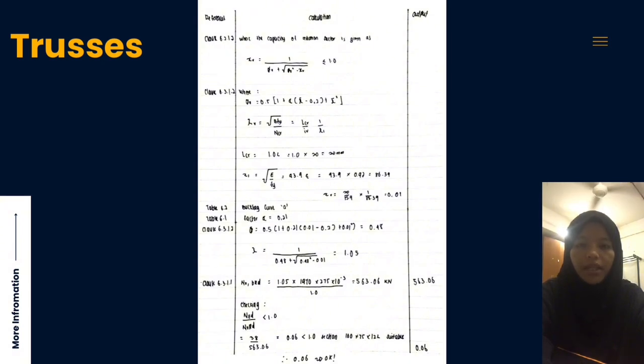So χ equals 1 over 0.48 plus square root 0.48 square minus 0.01, we will get 1.05.